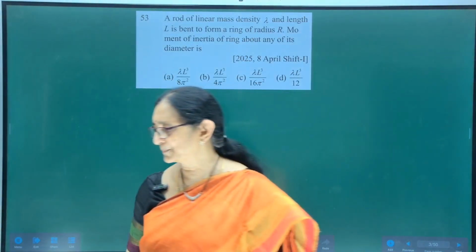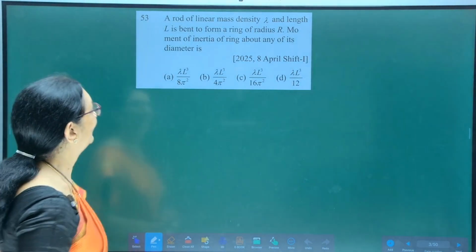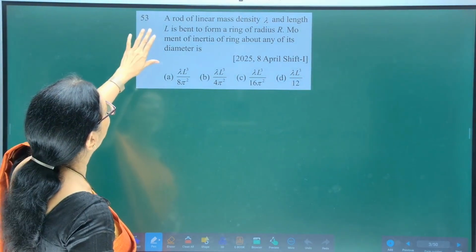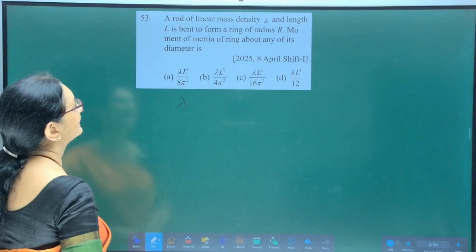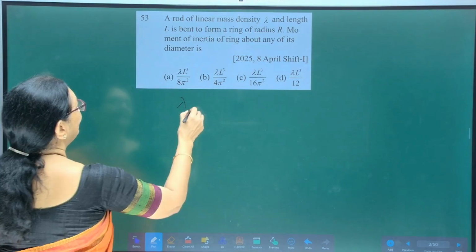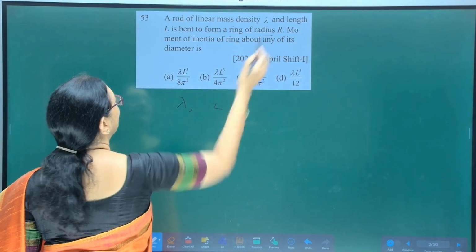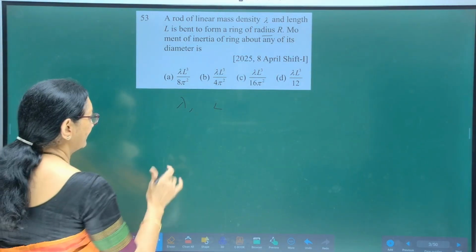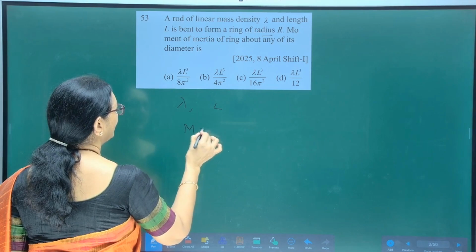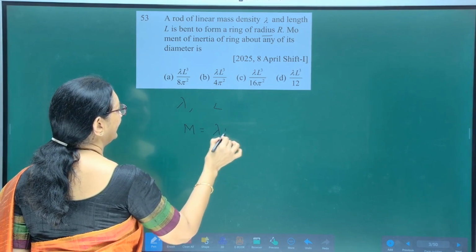Move on to the next problem. Read the problem. A rod of linear mass density, mass per unit length, given as lambda, and length L is bent into the form of a ring of radius r. First of all, mass is equal to linear density into length.